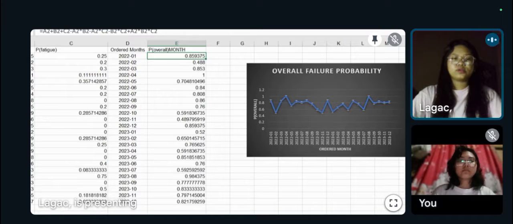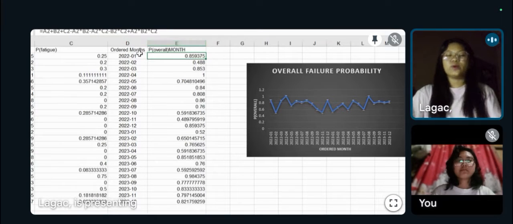So our formula here is A2 plus B2 plus C2 minus A2 times B2 minus A2 times C2 minus B2 times C2 plus A2 times B2 times C2. This formula is for preventing the data to overlap. So this is now the overall failure probability, the results of our formula.